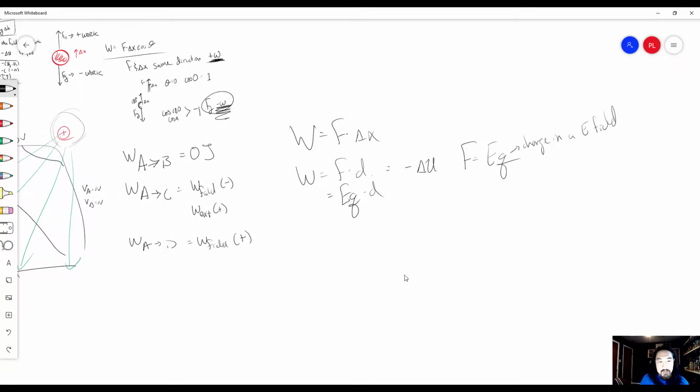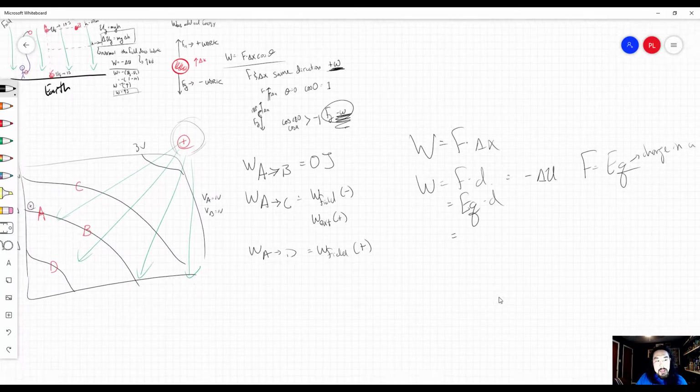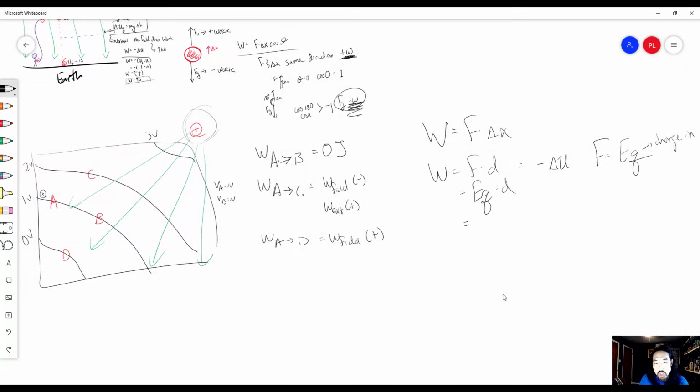Another way that we can write the work equation is by looking at the scenario that we did before. If we have a charge that moves between voltages, or a potential difference, then we know that work is done. Let's try it. I'm going to use this equation here because we have all the variables.